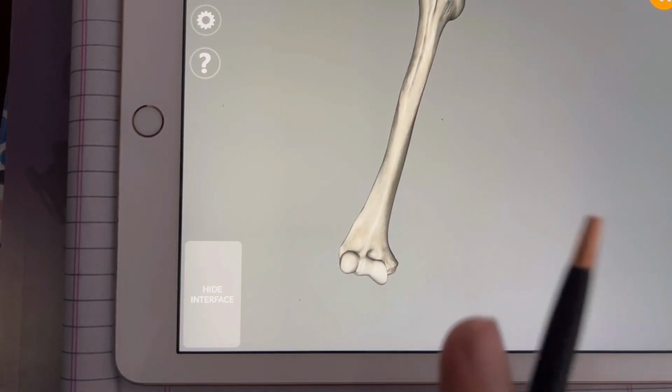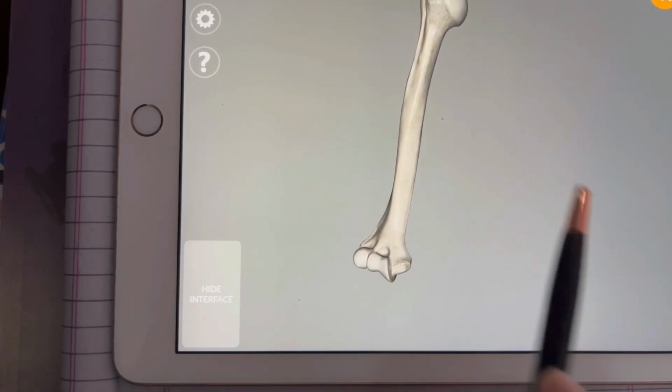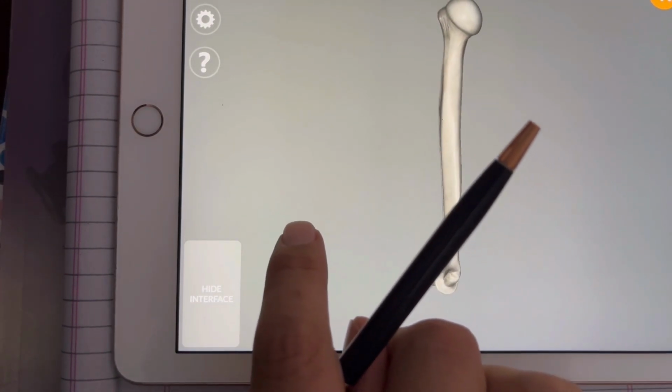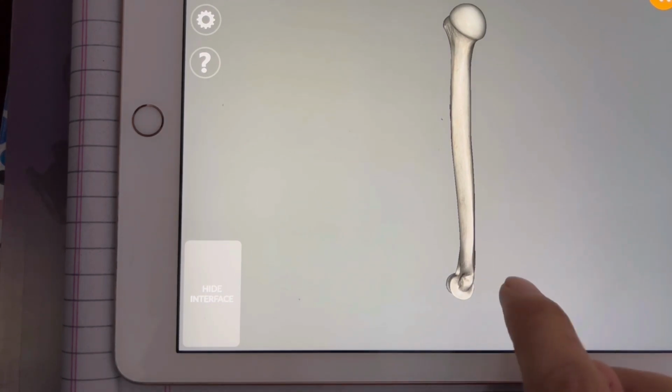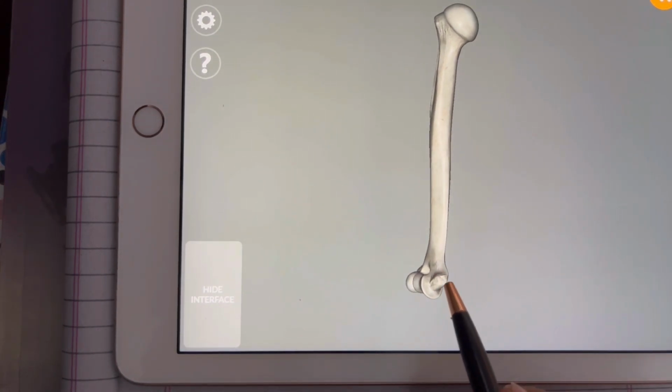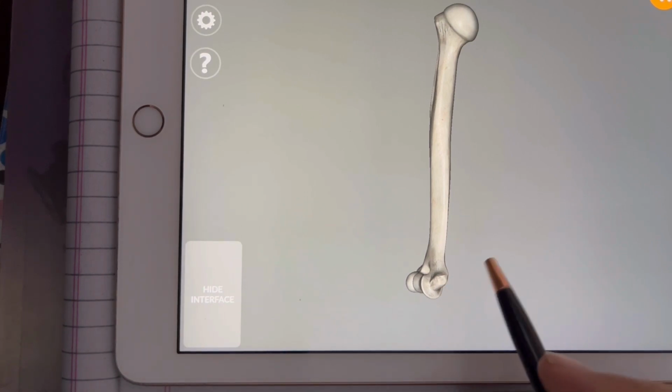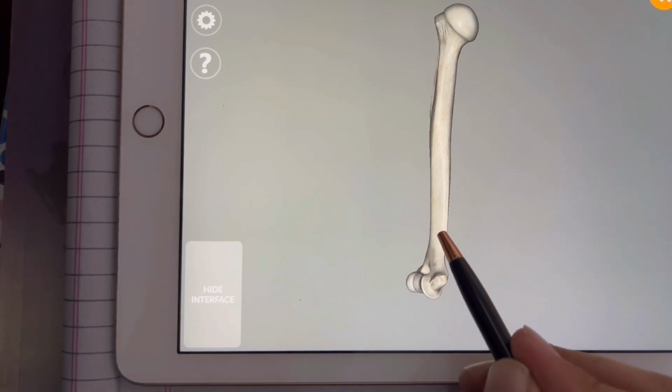Now this region, a slight ridge, you are seeing this narrow ridge that arises proximally from the medial epicondyle is called the medial supracondylar ridge.